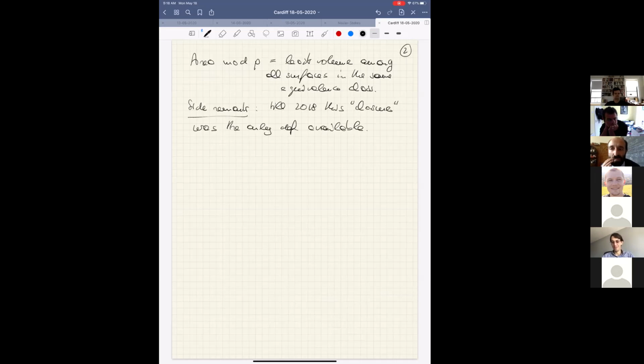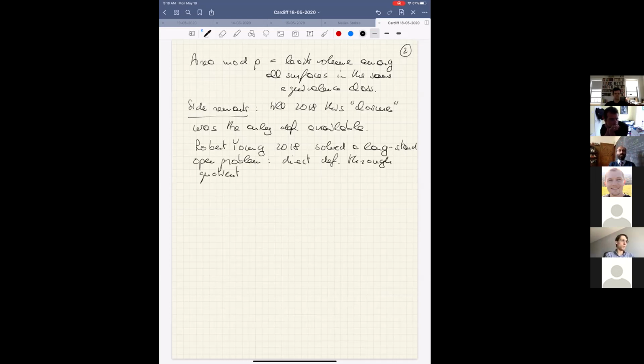And there's a very important result by Robert Young in 2018, which solved a long-standing open problem, which roughly speaking means you can give a direct definition which is not going through this closure property. Okay, so a direct definition through quotient of integral currents.